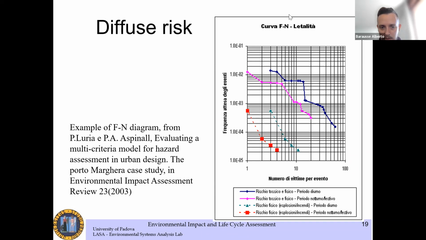Here you can have the predictive frequency of the hazardous event. And here you have, for example, the number of victims per event, and this is an FN diagram. Just an example, this is not really the topic of the lecture.